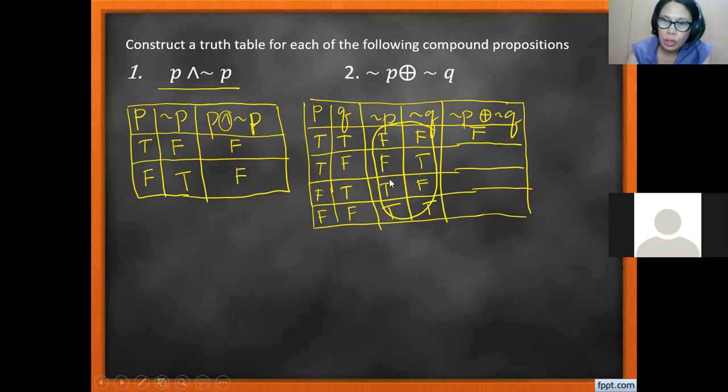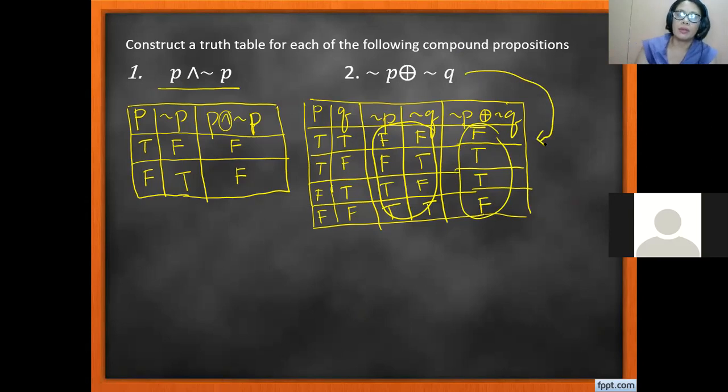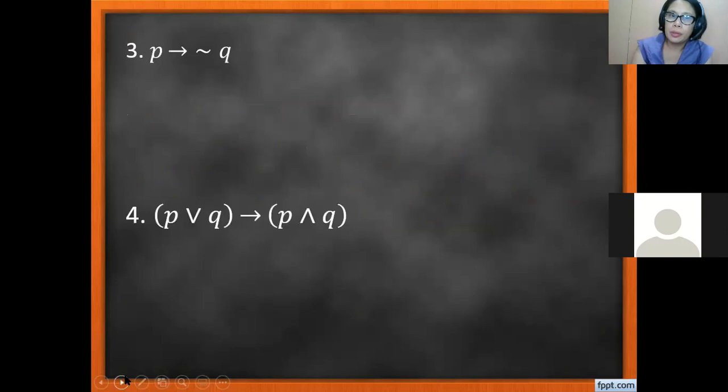So for the two here, this is true, this is true, and this is false. So this is the truth value of this. And for this one, here it is. But we need to come up with this one for us to arrive at the truth value.